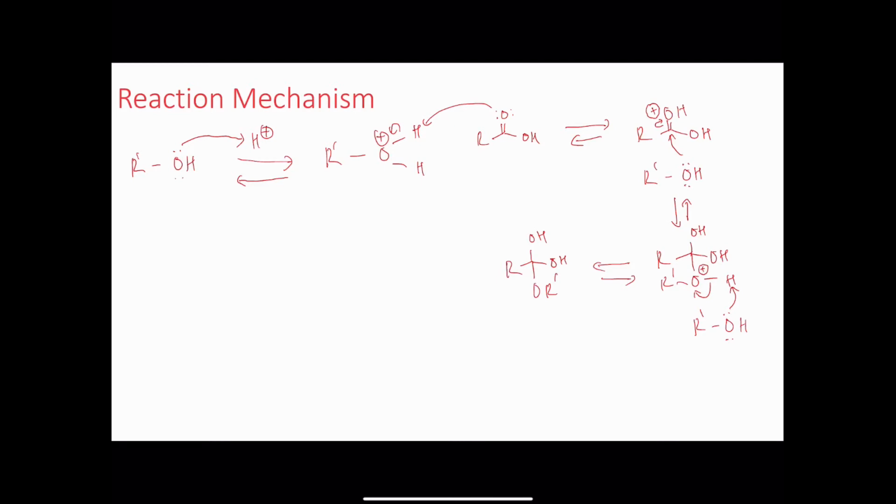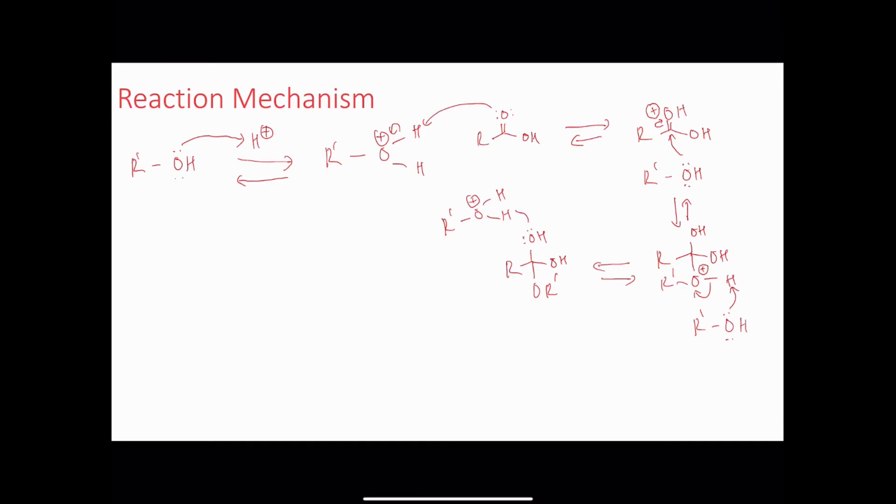Well, you can see we have two OH groups, so we need to eliminate one in order to make the ester. So again, we're gonna protonate one of these OH groups. All right.